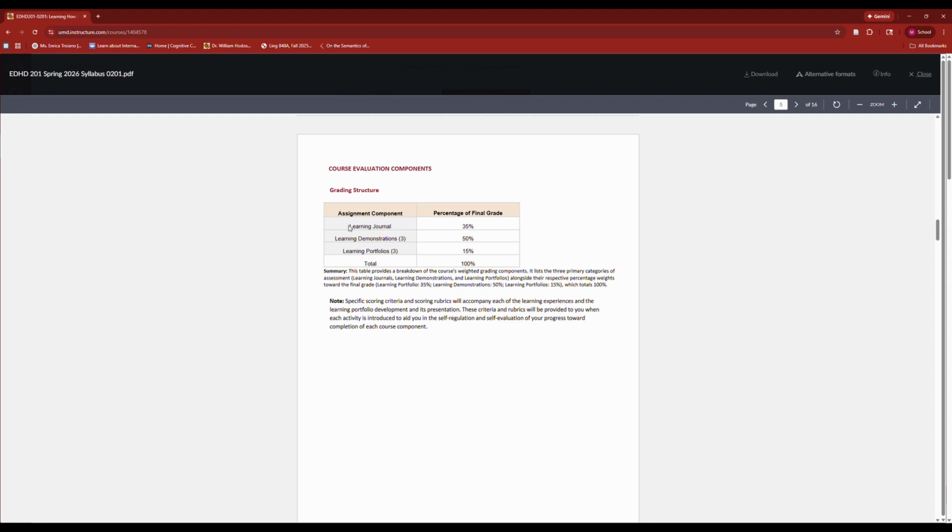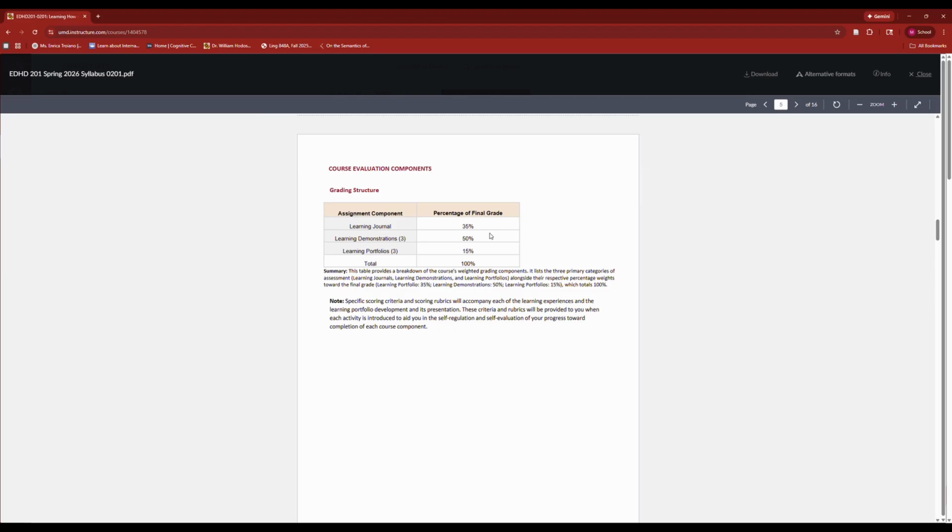And this is the grading structure. I want to spend a little bit of time on this. Your learning journal, which is going to include your reading articles, activities in class and outside of class, and other assignments will be a part of this journal. You will also have 3 learning demonstrations, which are your 2 midterms and 1 final. They will accumulate to 50% of your grade.